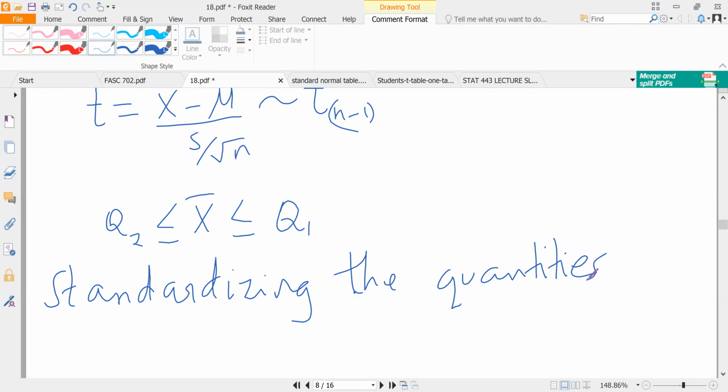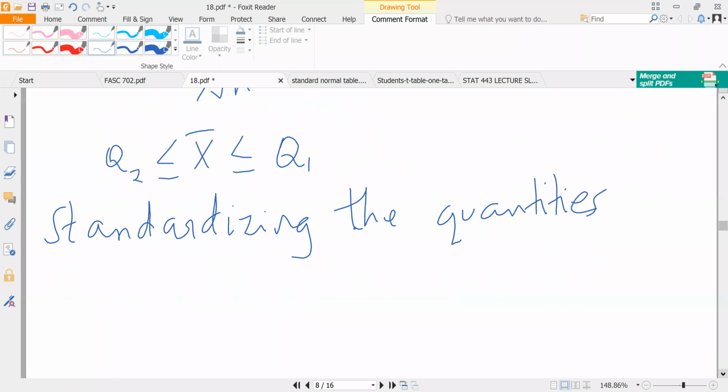Because X bar has a normal distribution with mean mu and variance sigma squared over n, it means that these quantities Q1 and Q2 within which X bar lies are also normally distributed.